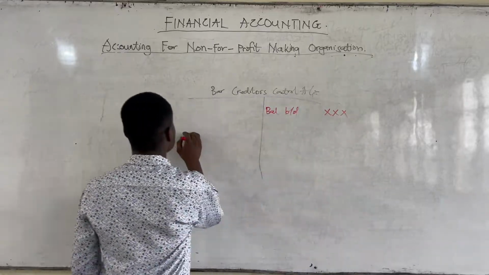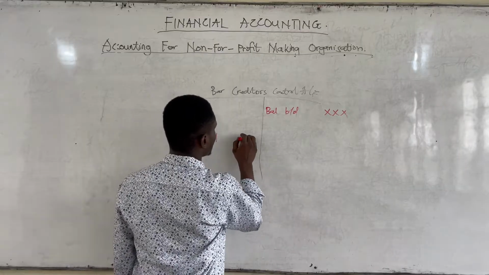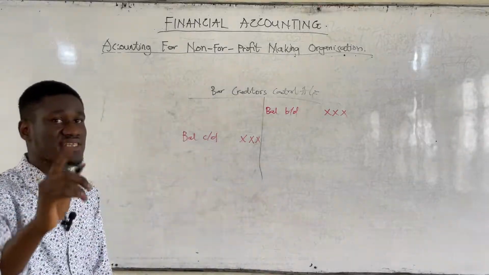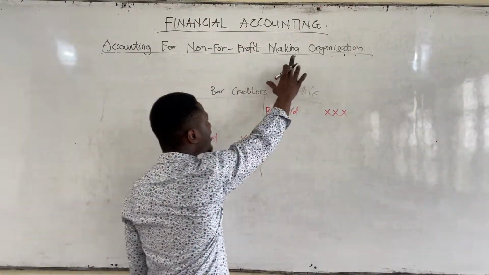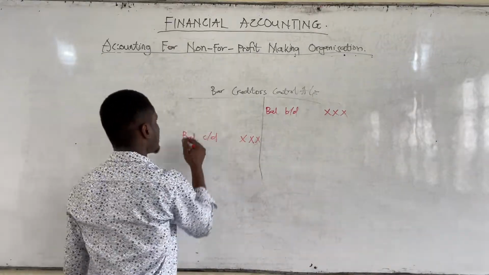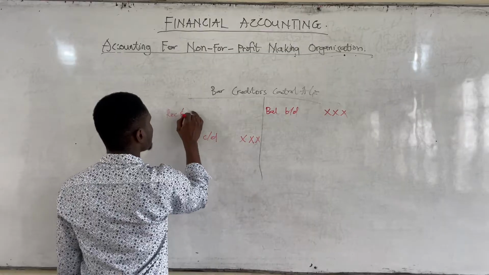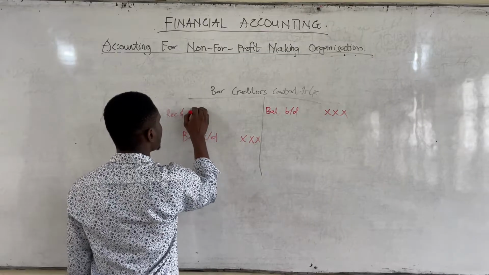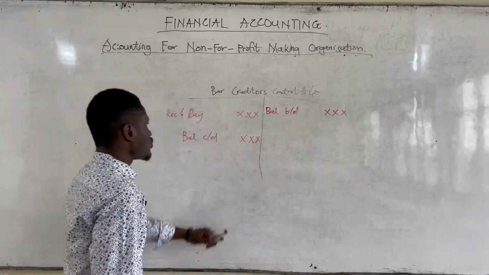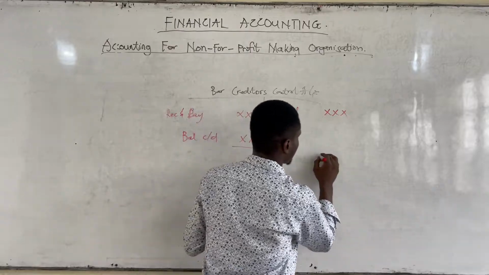Then we have our balance carried down to be written here. Any item in the receipts and payments relating to bar creditors or creditors will be written here. Do you get it? The amount will be written here. Good. So we will adjust this or find our difference.